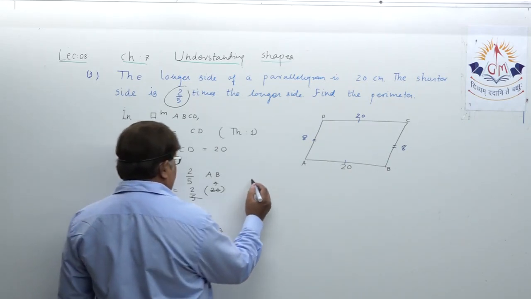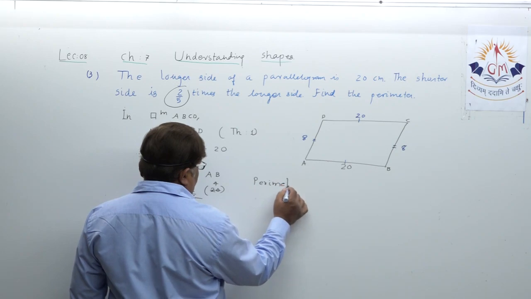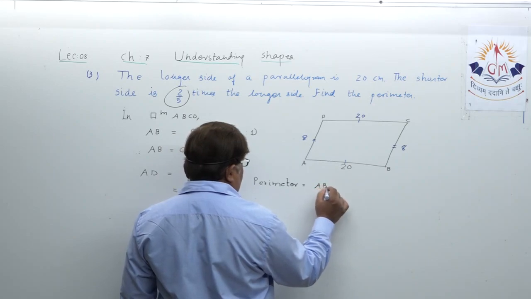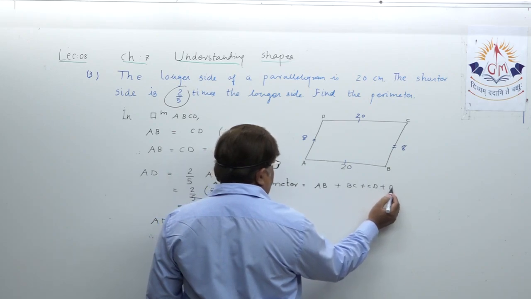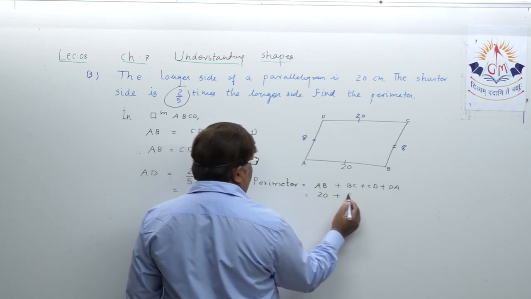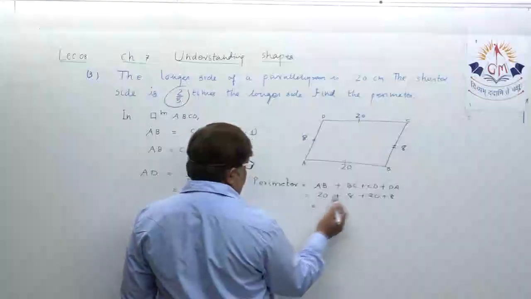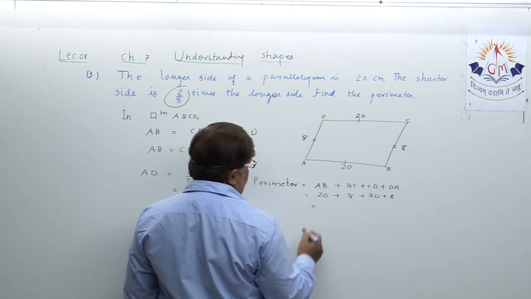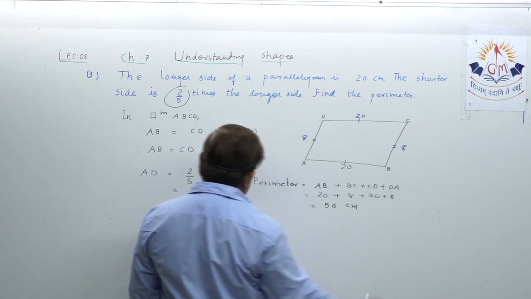And as you know, perimeter equals, take all AB plus BC plus CD plus DA, just go on adding 20 plus 8 plus 20 plus 8. This is 20 plus 20, 40. 40 plus 16, it is 56 centimeter.